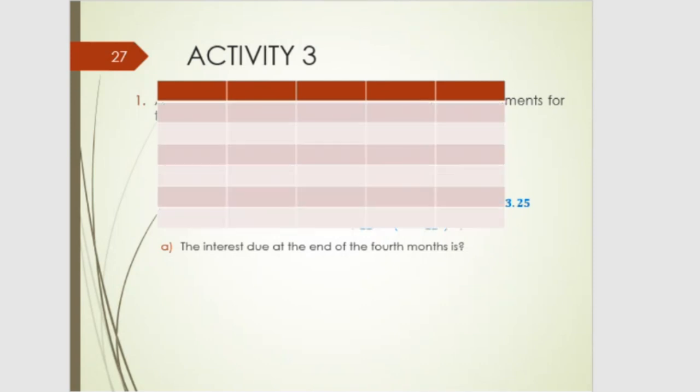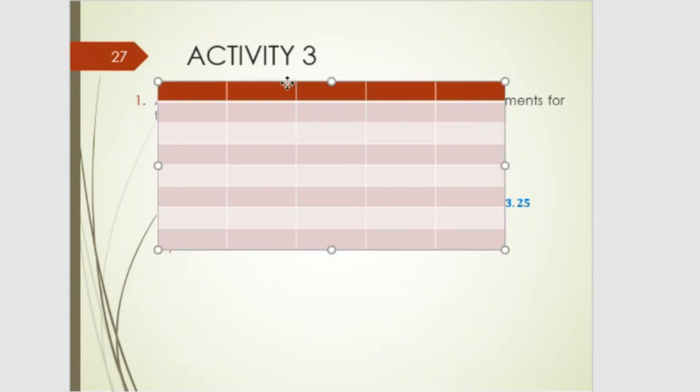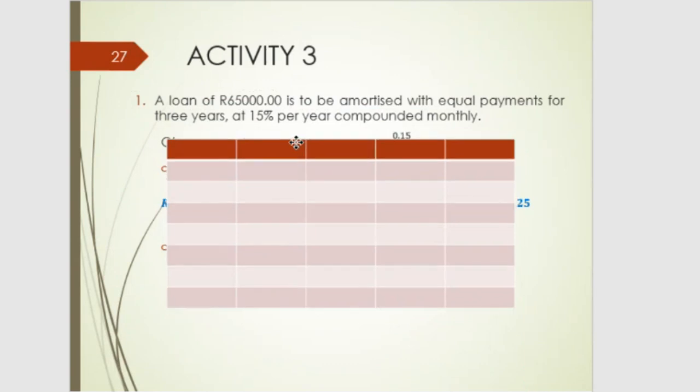Let me see if this will be enough. I hope you will have the amortization table in your guide. If not, I know that there are those who are also doing QMI, because it will also be taught in QMI, unless you've already done it.